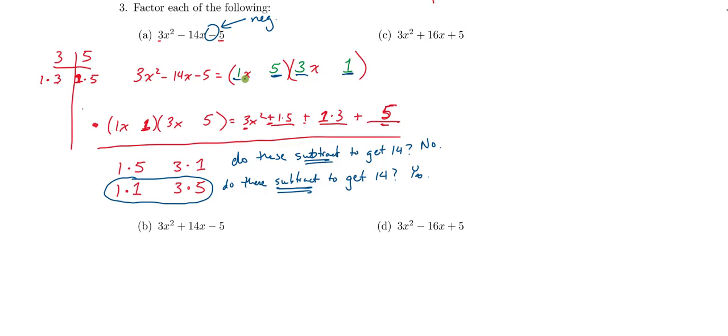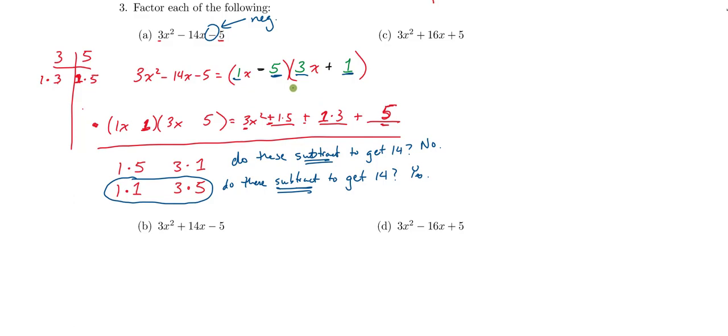So what's bigger, 1x times 1 or 3x times 5? And the bigger product is 3x times 5, that 15x, that's larger than the 1x. And so the bigger product, which is this pair, has to match this sign right here. So to ensure that, I'm going to make this sign minus and this sign plus.